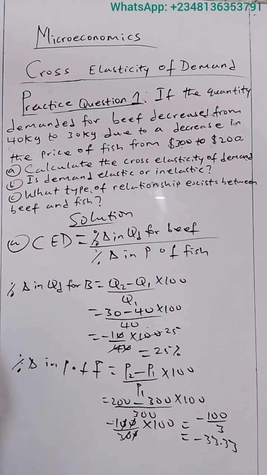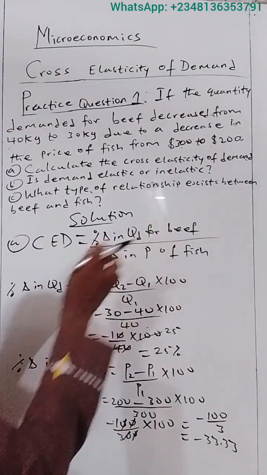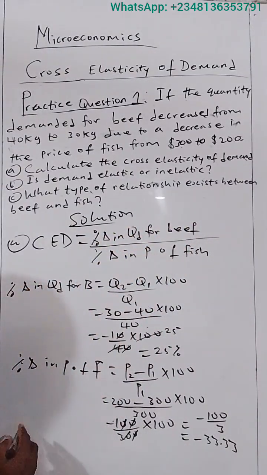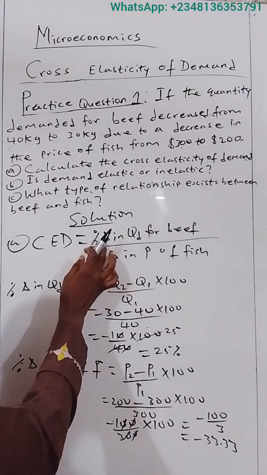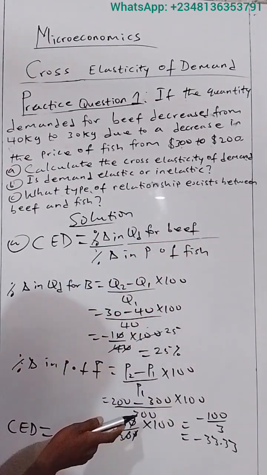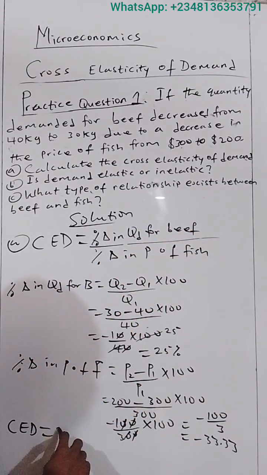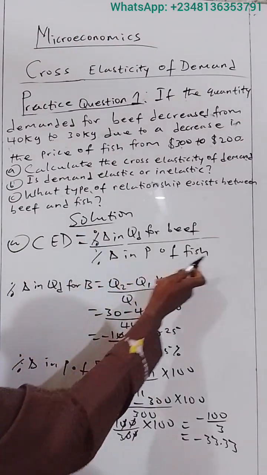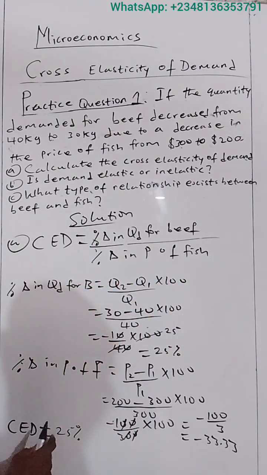Now if you know that this is equal to minus 33.33, we go back to the formula for calculating cross elasticity of demand. Our cross elasticity of demand is equal to the percentage change in quantity demanded for beef, which is 25%, divided by the percentage change in the price of fish, which is minus 33.33.